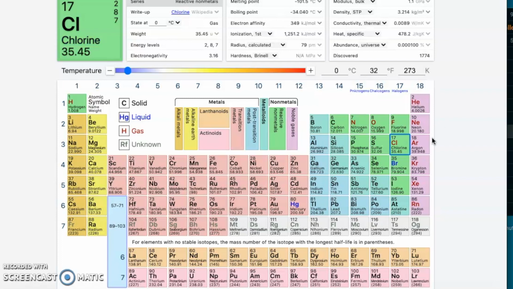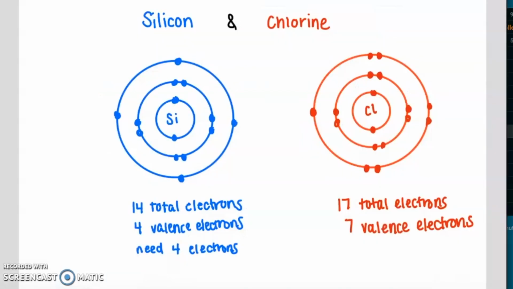I'm noticing that chlorine is in group 17 or main group 7, meaning 7 of those electrons are valence electrons. Using that information, I've drawn my chlorine Bohr model. Now chlorine, in order to be happy and full, right now it has 7 valence electrons and it wants to get to a full level of 8. So chlorine will need 1 electron.